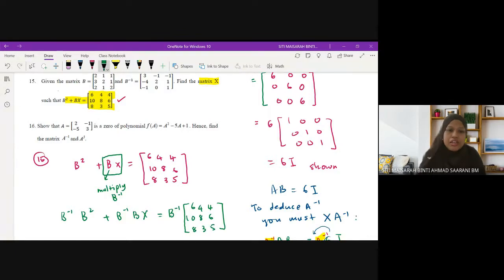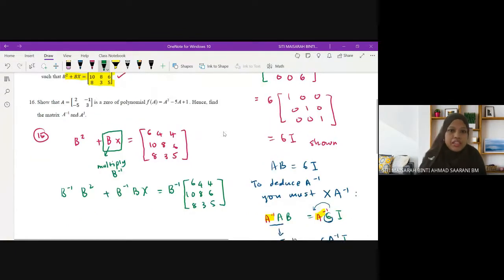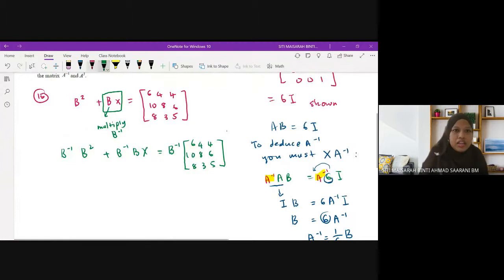Okay, and then after that, for this part, this is actually B inverse multiplied by B multiplied by B. B square is B multiplied by B. So then B inverse multiplied by B becomes I. And then at the back we have B, so IB.